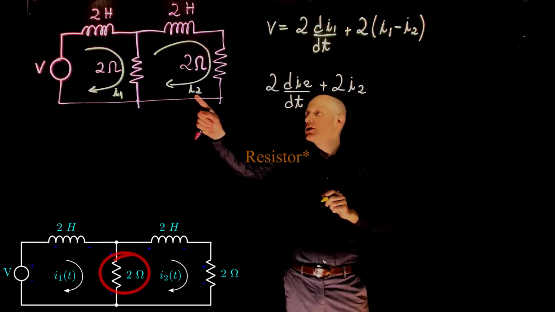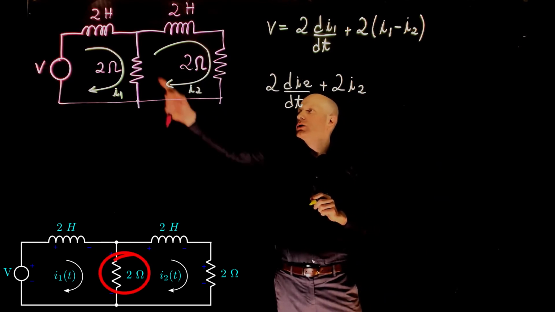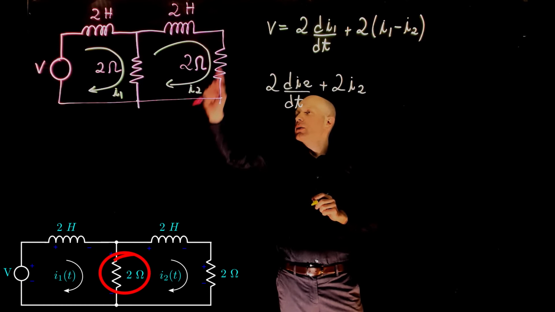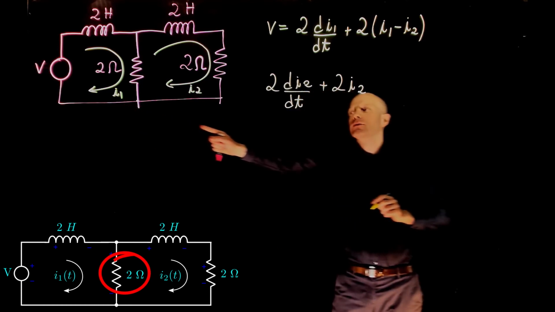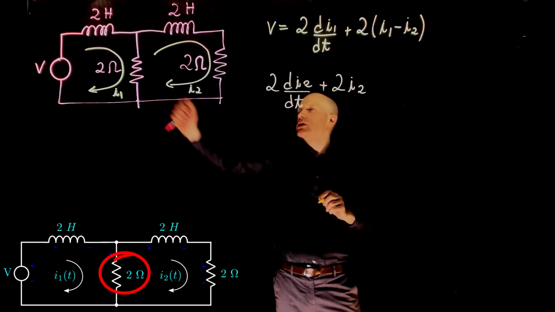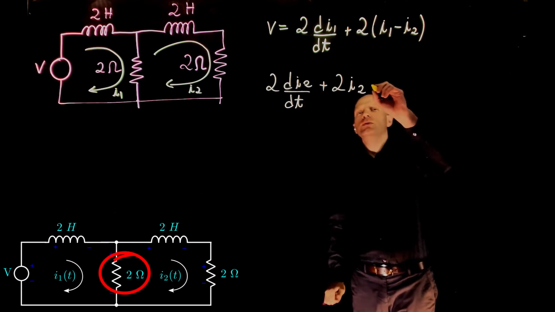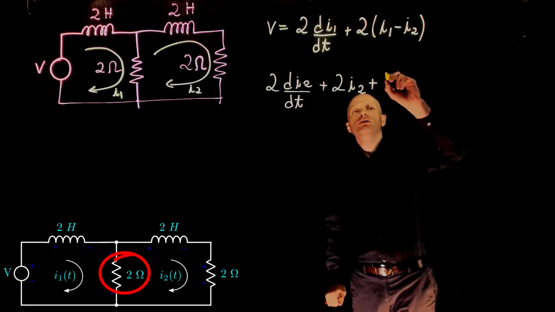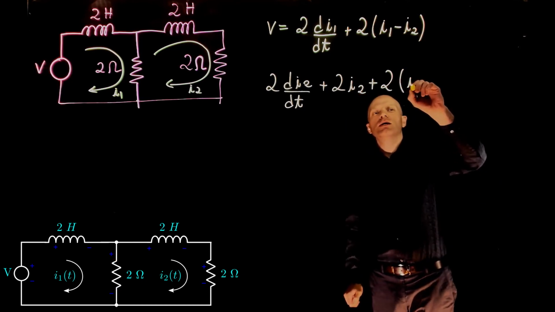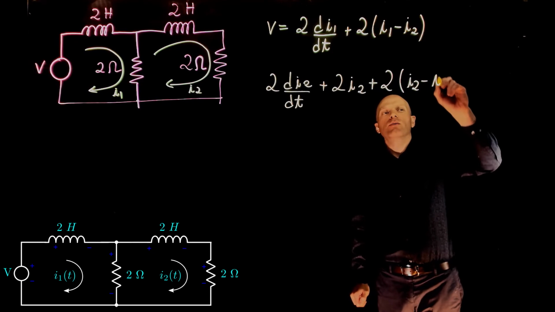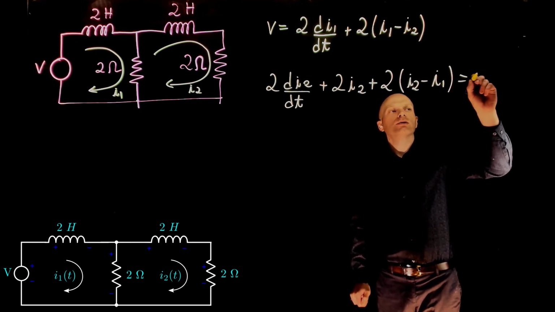Now our reference is I2, so currents that go in this direction are positive. If I2 is now positive, I1 is negative. So the voltage drop across that resistor is the resistance plus 2 times the net current through it, that is in this case I2 minus I1, equals to 0.